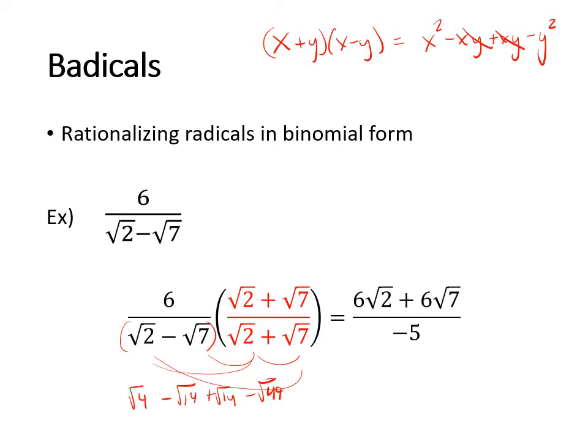Hey, look, these go away, and all we're left with after we put the square root of 4 and the square root of 49 in the simplest radical form is 2 minus 7. So that 2 minus 7 becomes negative 5. This 6 still distributes into the square root of 2 and the square root of 7. So you still have that, and that's ugly, but this answer here is rationalized. It's in the simplest radical form.